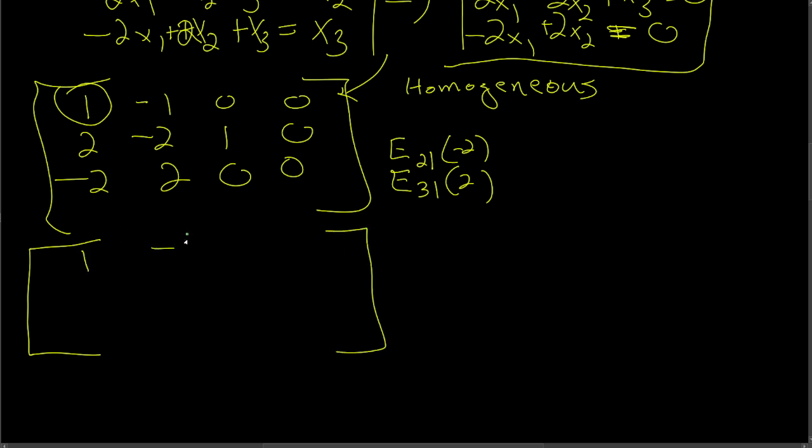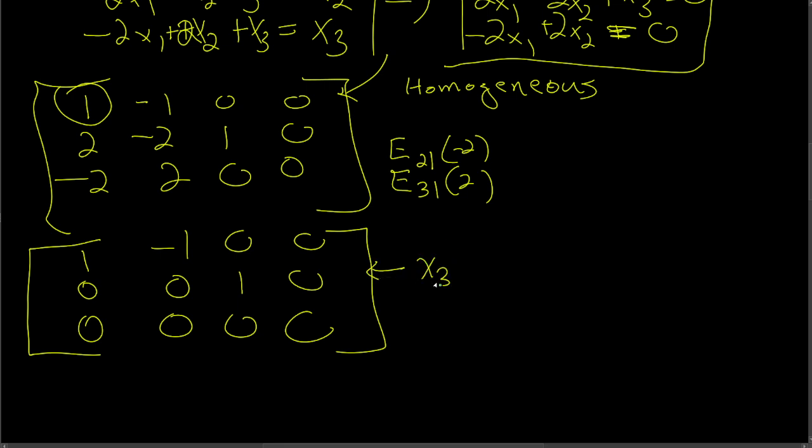So 1, -1, 0, 0 exists. If I take -2 and 2, I get 0. If I take +2 and 2, I get 0. And if I do it on the last row, I'm going to get 0, 0, 0, 0. And so from here, we see that x3 has to equal 0, like we could see visually.